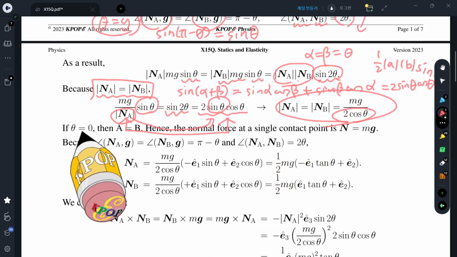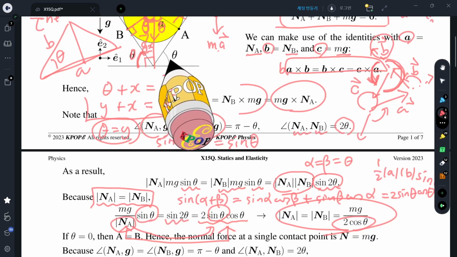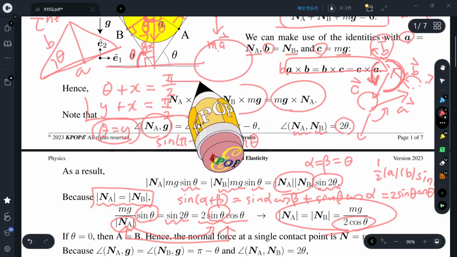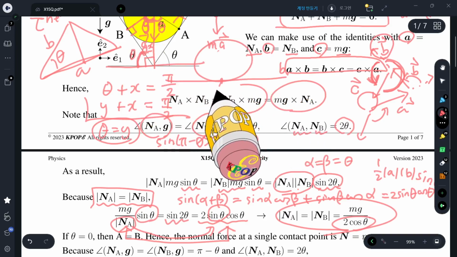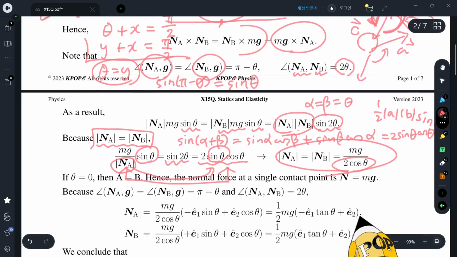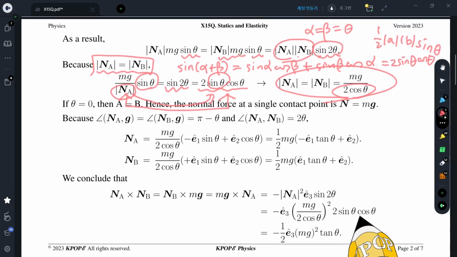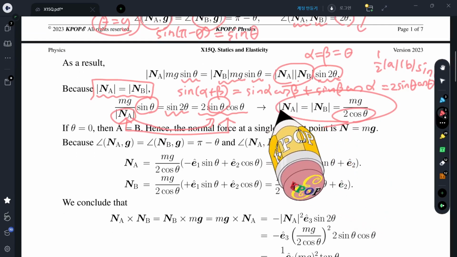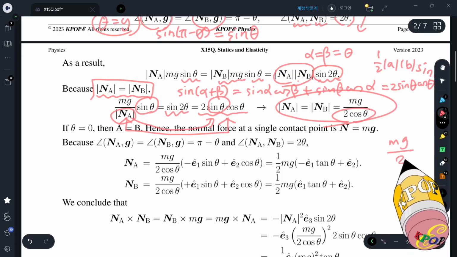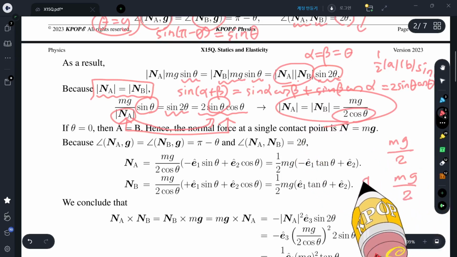For example, if theta equals 0, it becomes flat. Then this one touches the ground, and we do not distinguish A and B. That is only a single point. So in that case, NA is mg over 2, and NB is mg over 2.